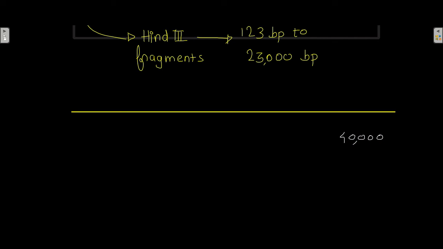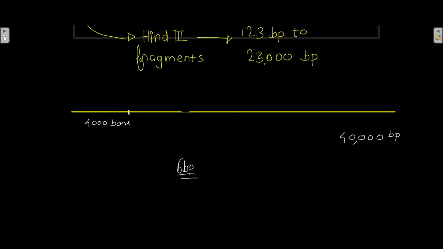Now the recognition site that a particular restriction enzyme will recognize is made up of 6 base pairs. By calculation we estimated that after each 4000 bases, this particular 6 base pair segment will occur.